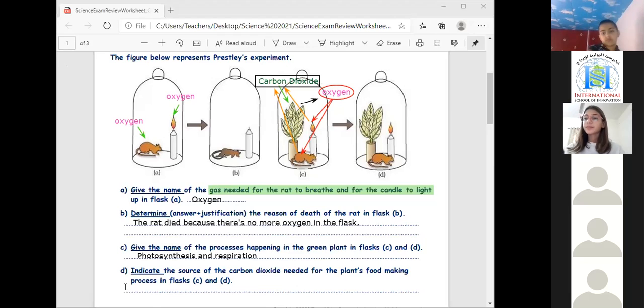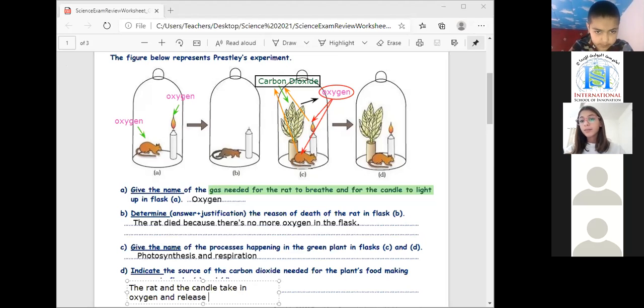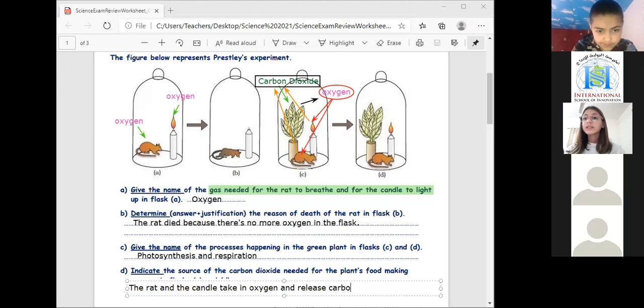The rat and the candle take in oxygen and breathe out carbon dioxide, and give the plant the carbon dioxide needed for photosynthesis.